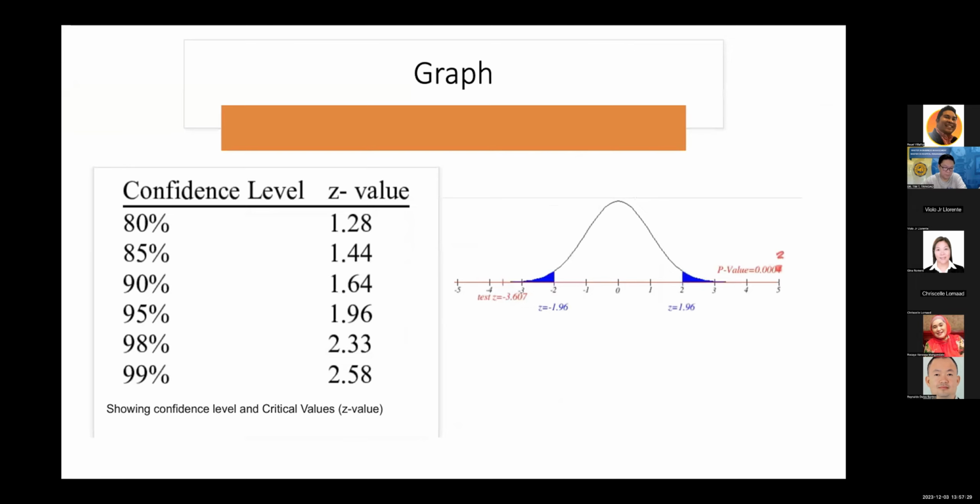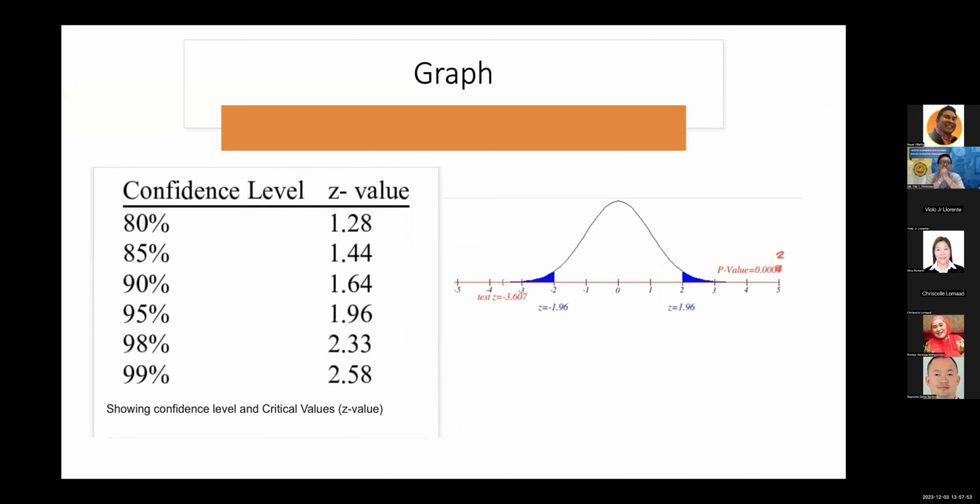So now that we have the p-value, we get the confidence level for the z-value. Based on this table, for 95% confidence, the z-value is 1.96.